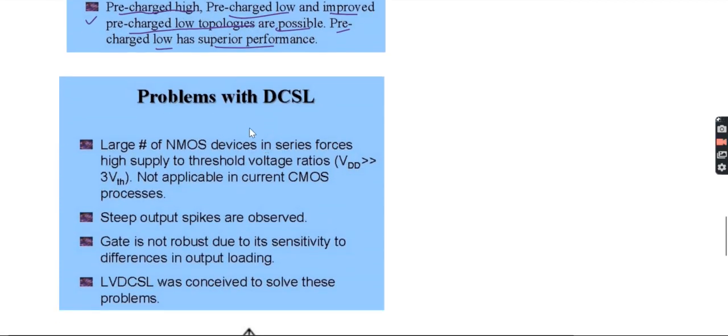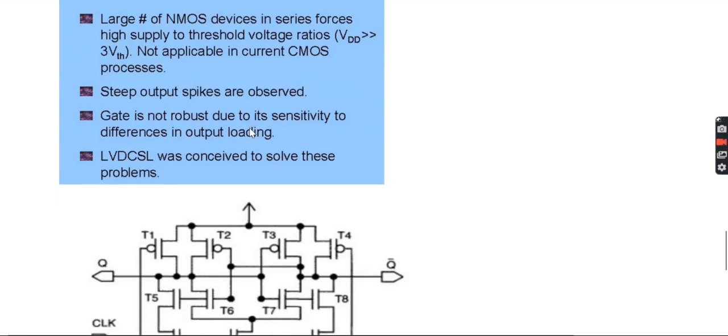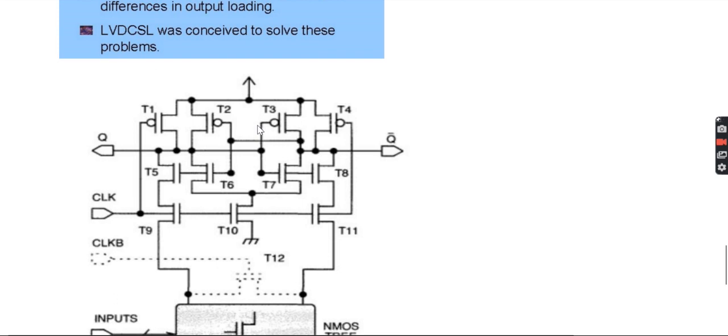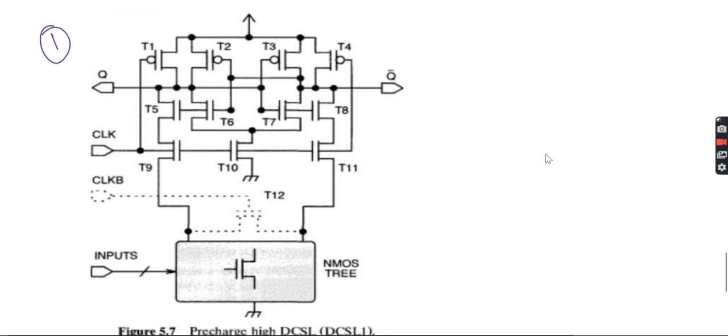Later we will see what the problem with this structure is. Before that, this is the first structure, differential current switch logic 1. Watch this structure carefully and see what is there.